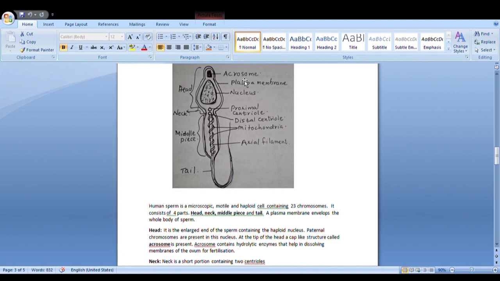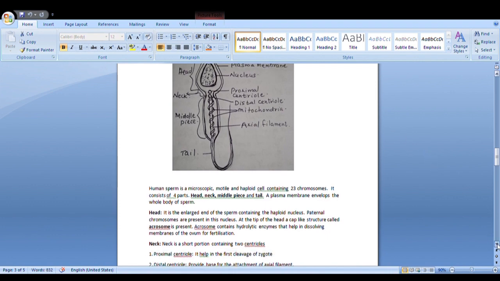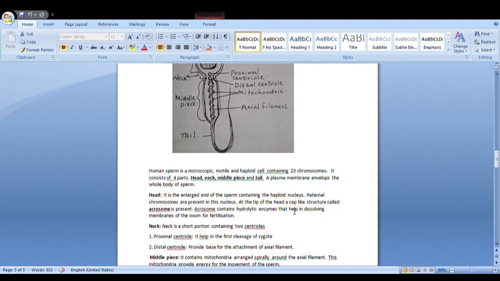So acrosome helps in fertilization. Acrosome contains hydrolytic enzymes that help in dissolving membranes of the ovum for fertilization.